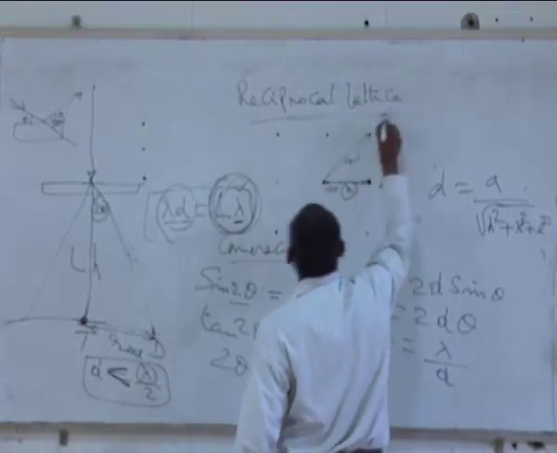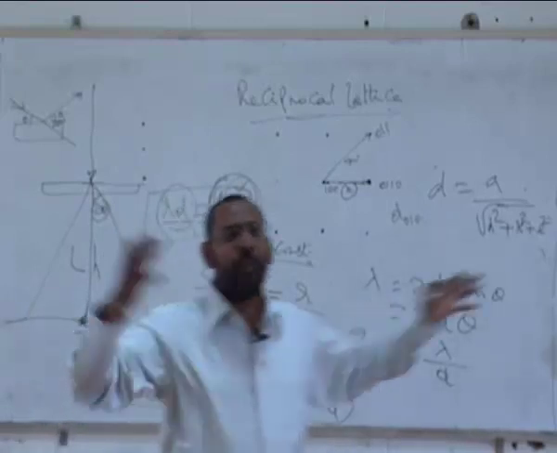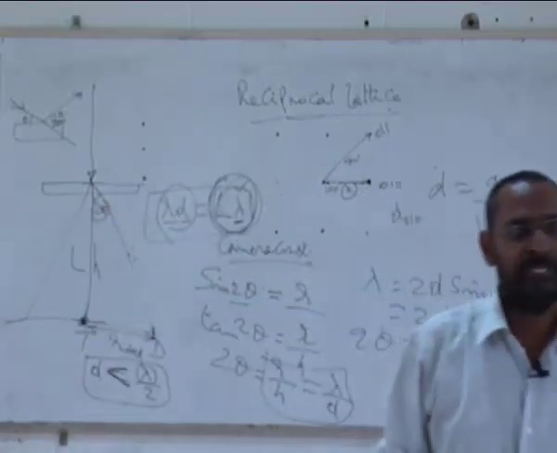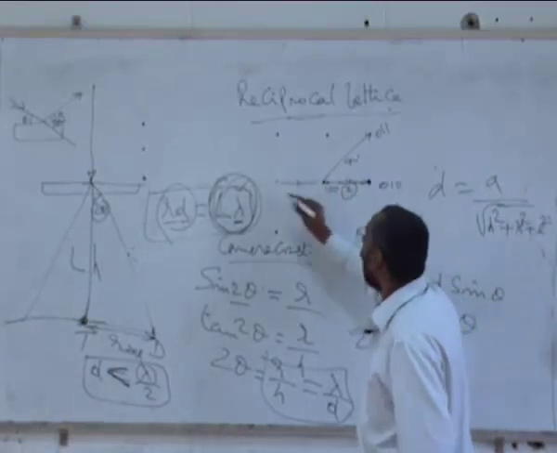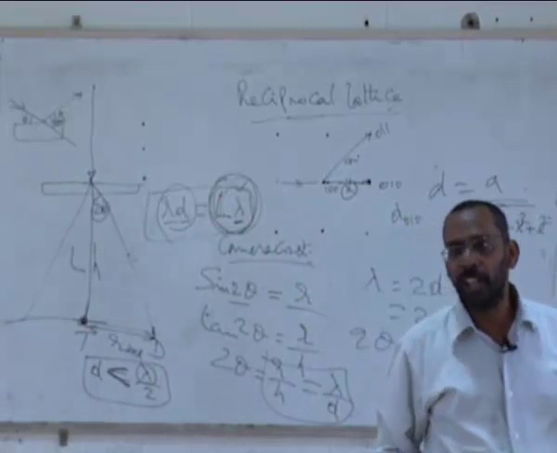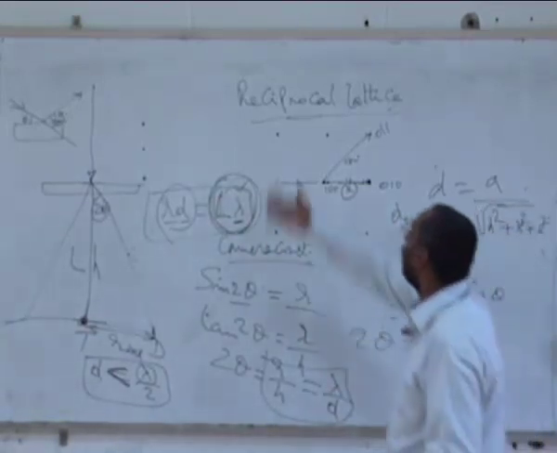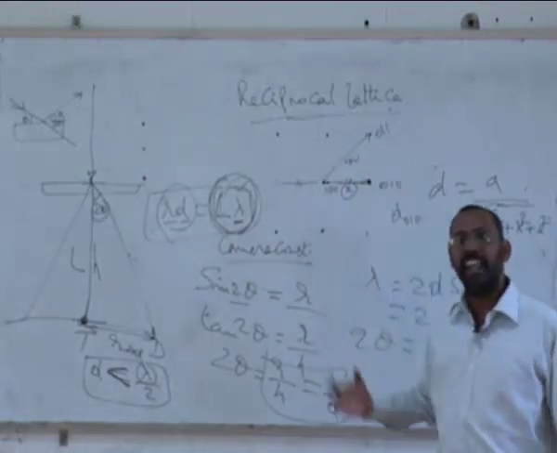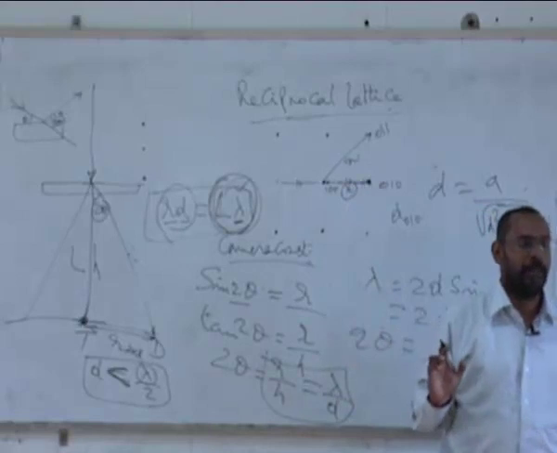Why we use this term reciprocal lattice is because the diffraction pattern looks like a 2D periodic lattice, right? You know, there is a periodicity here, as if these are all atoms arranged periodically in 2 dimensions. They are all diffraction spots, but there is a periodicity in this. There is a symmetry in this. Like a symmetry inside a lattice, there is a symmetry inside this.